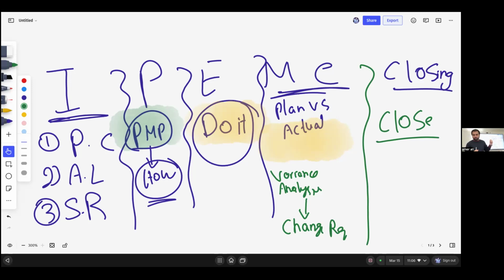You must know what happens in initiation, planning, execution, monitoring and control, and closing. Plan, work, compare, change the plan, close the project. In initiation, we make the project charter, assumption log, and stakeholder register.